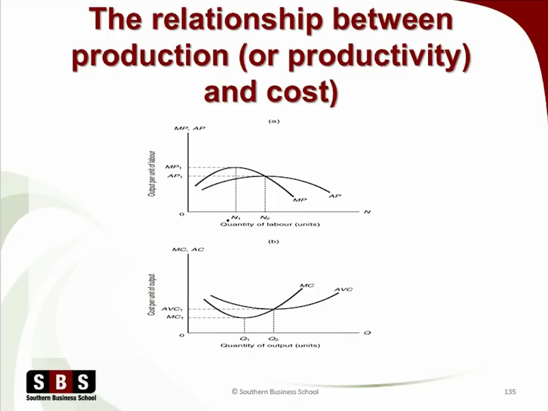So that's the relationship between production or productivity and cost. So there's your marginal product, shape of the curve, and your marginal cost will be that shape there. You won't be asked to work out the values in the exam for that. You just need to know the shape of the curve. I'm just going to go back.